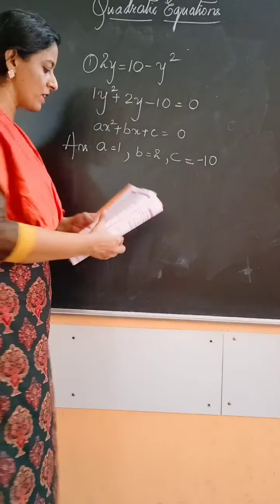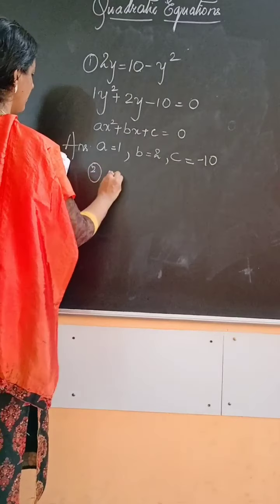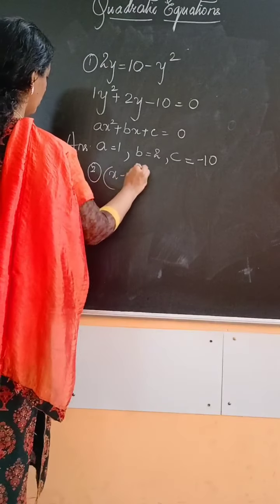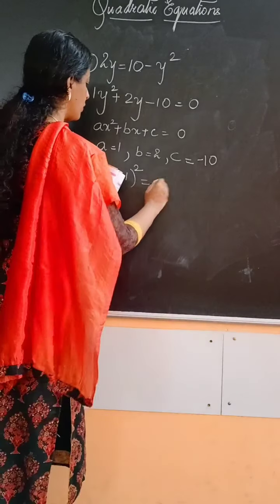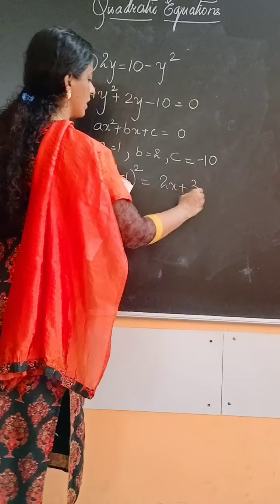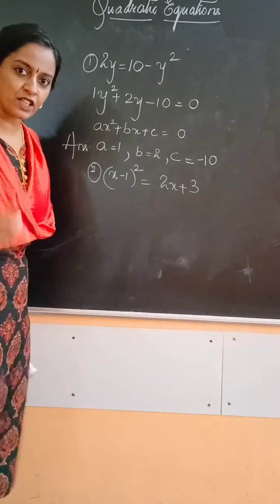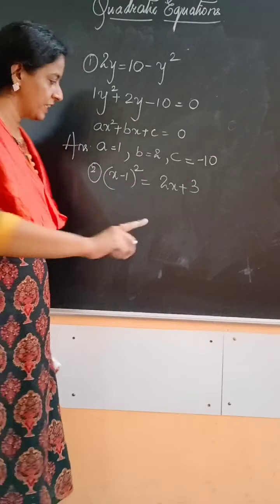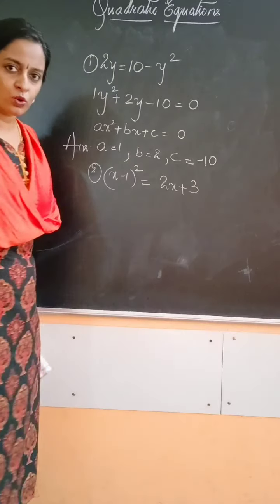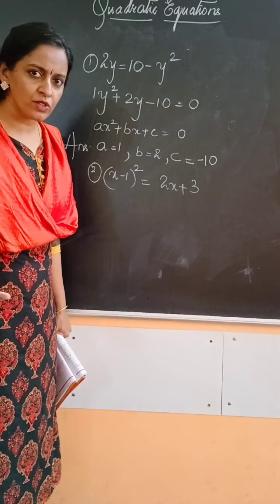Coming to the second question. The second question is x minus 1 the whole square equal to 2x plus 3. Now first we have to solve this part. This is an expansion formula which you have learned: a minus b the whole square. What is a minus b the whole square?